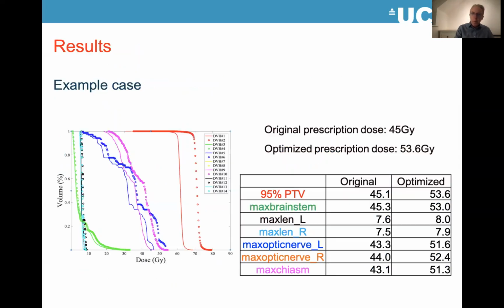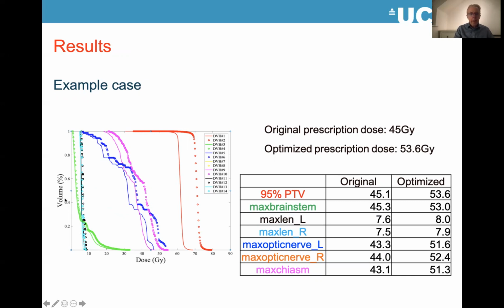So what we did in this case is we considered optimizing the prescription dose based on how we know that the patient will likely develop and respond.